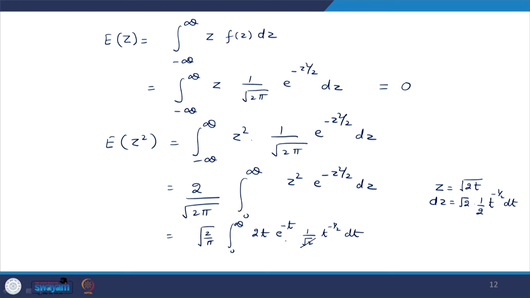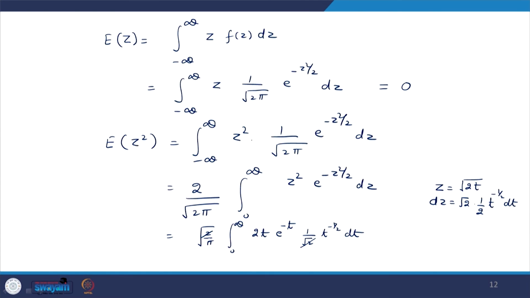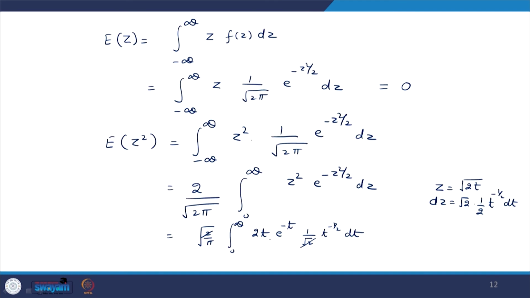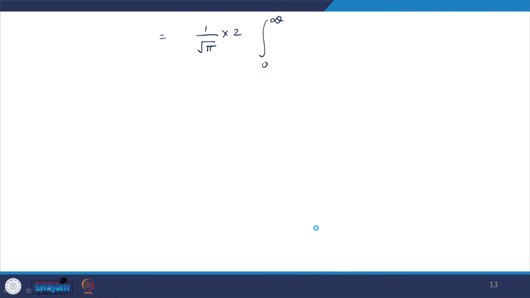So, this will cancel with this 2. So, finally, we have 1 upon under root pi, and 2 also will go out, into 2 times the integral from 0 to infinity of t raised to the power half e raised to the power minus t.